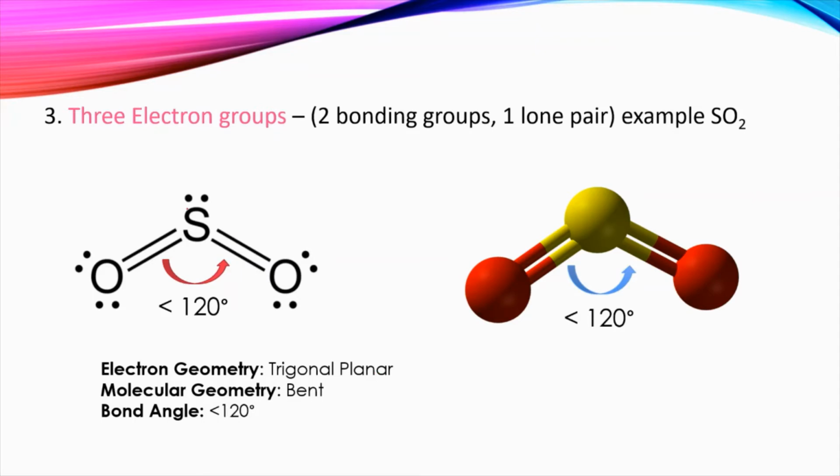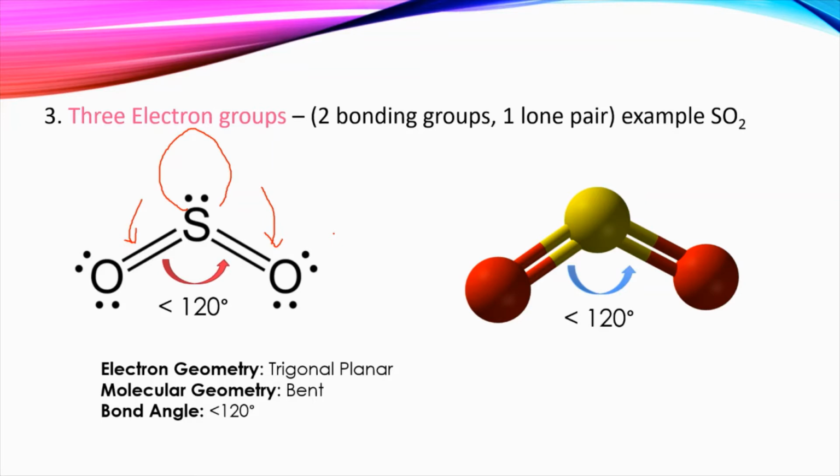So it's called bent because this lone pair is repelling these double bonds down, okay? And because of that, you have this bent geometry and the bond angle is going to be less than 120.